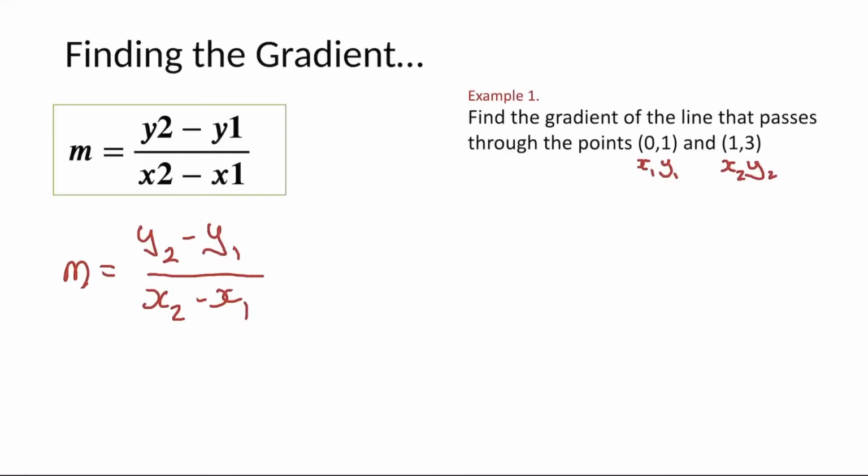All we have to do now is simply substitute it in. So m equals, now the y2 is 3, take away the y1, which is 1, over x2, which is 1, take away 0. Therefore, we have 3 minus 1 is 2, over 1 minus 0 is 1. Therefore, I have a gradient of 2.